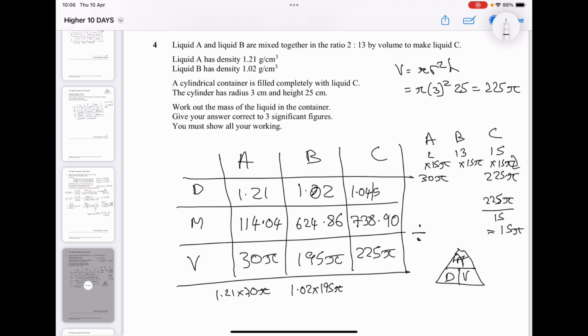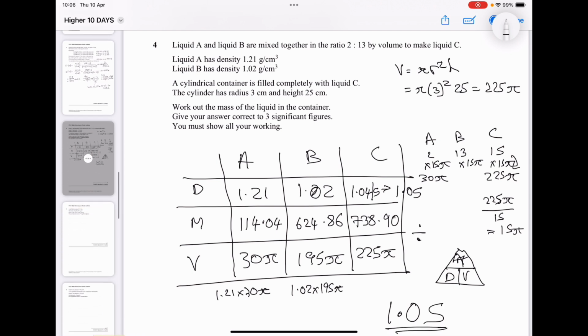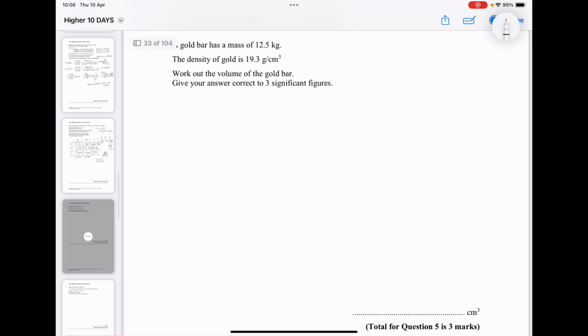The first 3 is there, which becomes 1.05. 1.05 down there somewhere. Okay, right, that's that one. There's a lot of work here today.